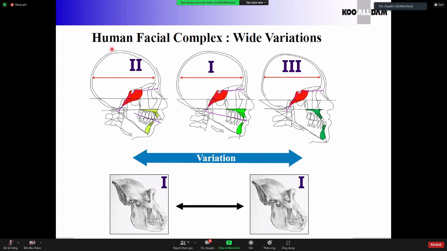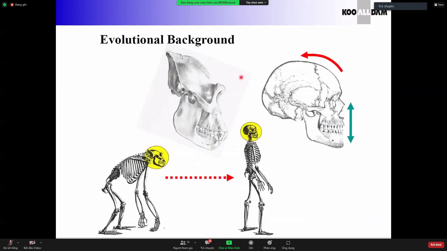So in the human facial complex, we can see wide variations. So as you know, this is a primate, and this is a human, with uprighting of the body, and as a result, the skull is also uprighting like this.